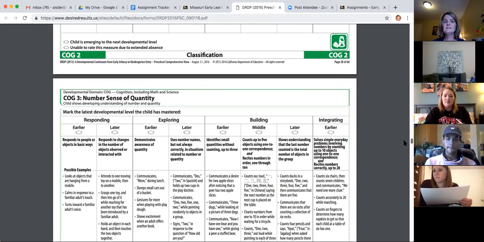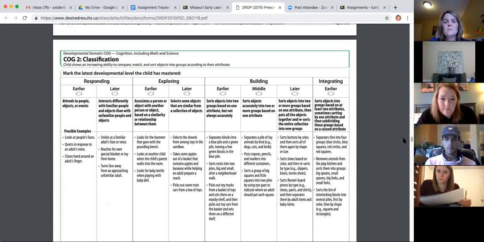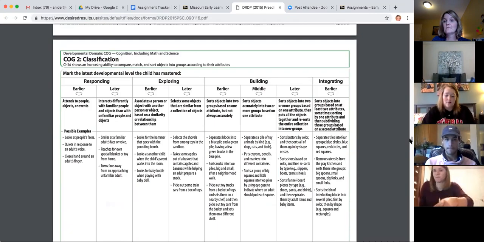So I'm going to look at classification first. It says, child shows an increasing ability to compare, match, or sort objects into groups according to their attributes. Well, that could work. Maybe they would sort shoes based on the size, right?